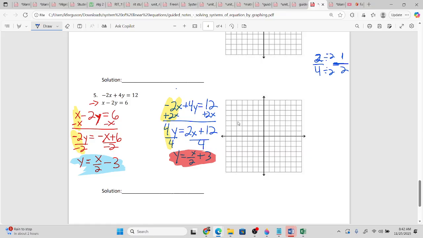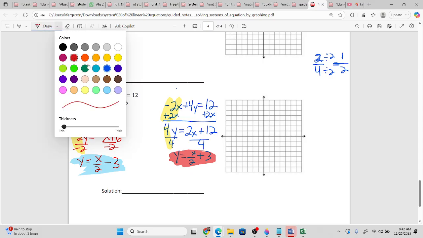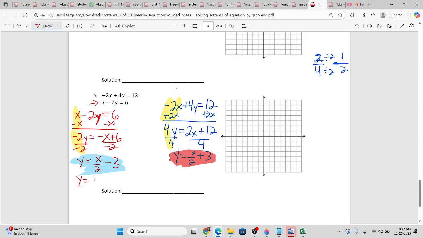So let's graph it with slope. X over 2 is the same as 1/2 times x. So the slope is 1/2. 1/2 x minus 3. So what's my y-intercept for this one?